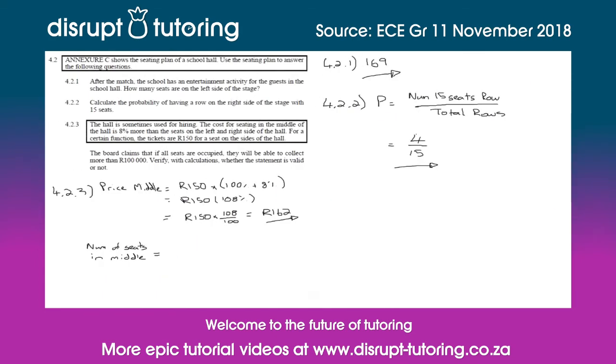So back to here, the number of seats in the middle is 255. So then, therefore, the cost for the middle will equal 255 times, as we've calculated that the middle seats cost 162.